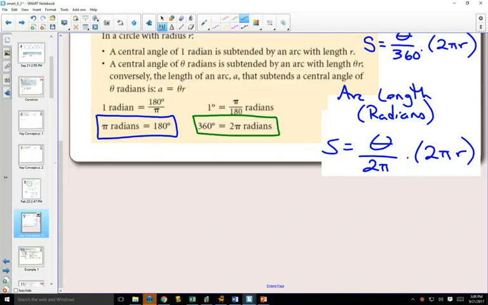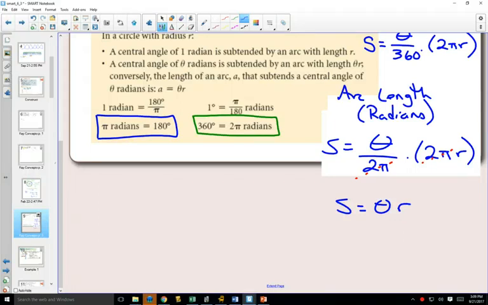I would like to leave that formula like this, but it also makes sense if you simplify it. Do you see how nicely it simplifies? The 2 pi and the 2 pi cancel out, and we get theta r, which is a beautifully simple formula.